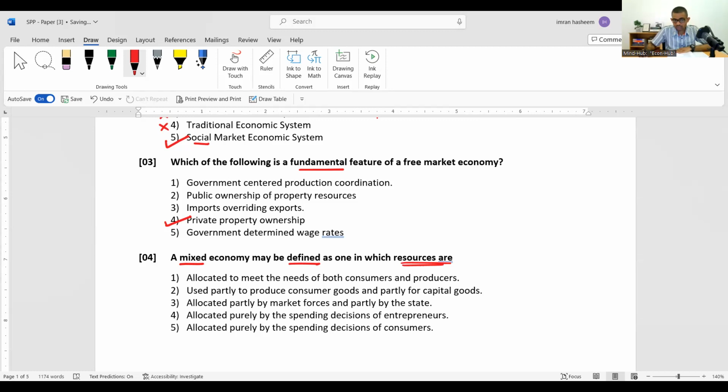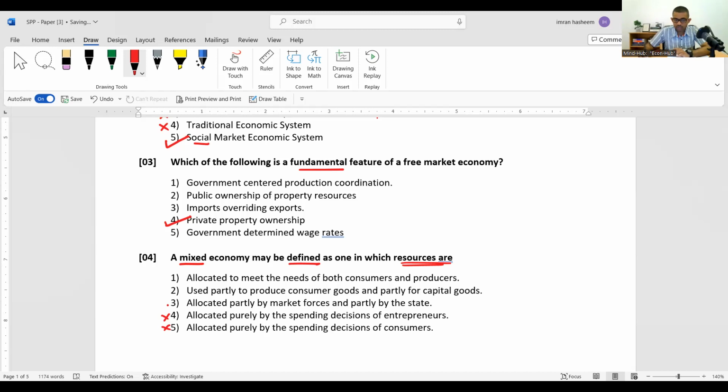Allocated purely by the spending decisions of entrepreneurs. Allocated purely by the spending decisions of consumers. So the last two we can eliminate. They are more market driven, features of a pure market economy. Then allocated partly by market forces, partly by the state seems very correct. We'll put a pin on that.